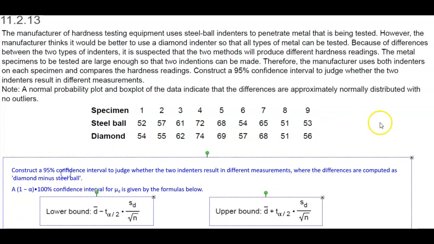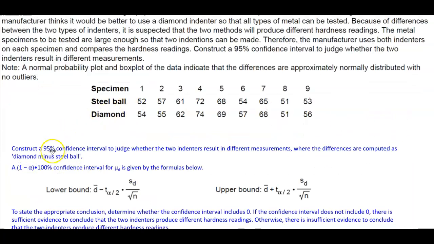Okay, now what we want to be able to do is construct a 95% confidence interval to judge whether the two indenters result in different measurements, where the differences are computed as diamond minus steel ball. A 1 minus alpha times 100% confidence interval for the mean differences is given by the formulas below.